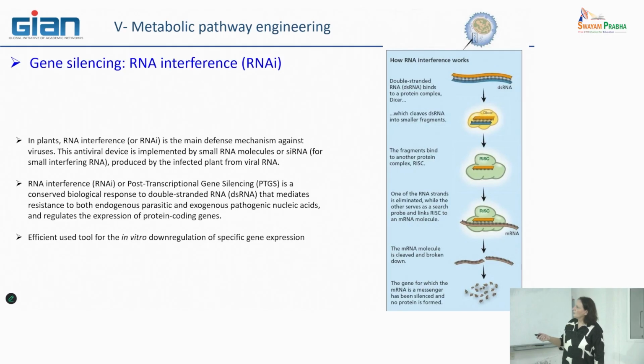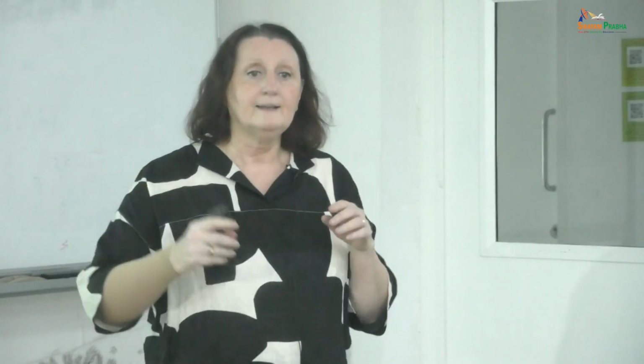This complex is able to attach to different mRNAs that share the complementary sequence of the small RNA attached to the complex. So they check all the mRNAs, and when they find the complete hybrid mRNA, they stop and they are attached.